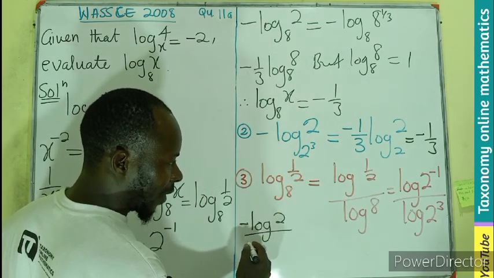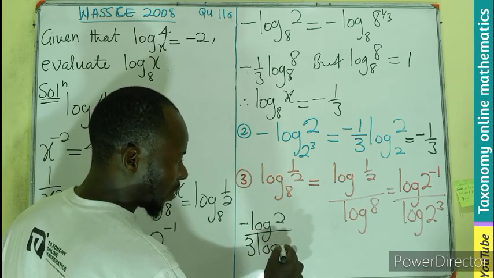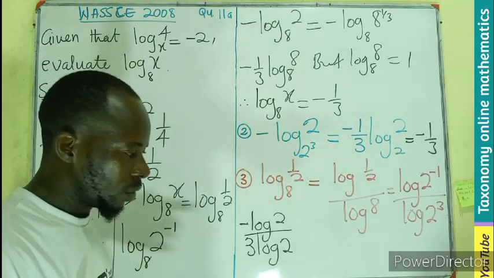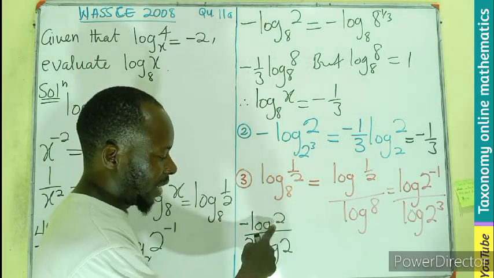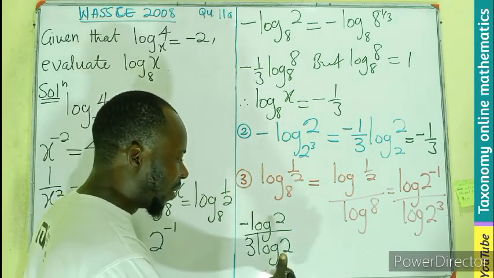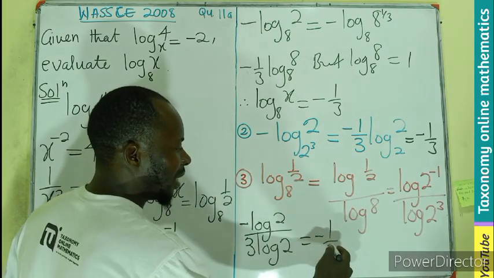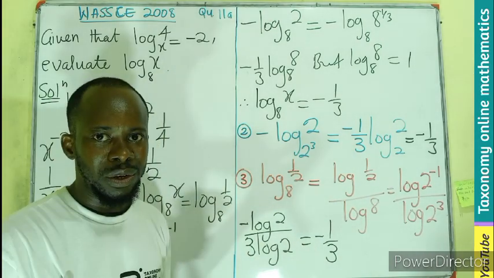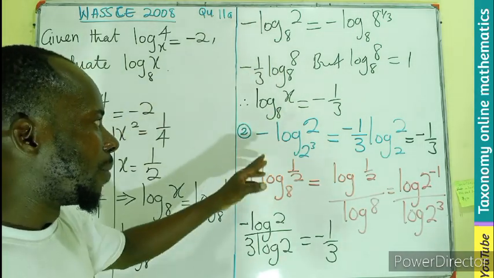We are having 3 multiplying the log of 2. We see clearly log 2 base 10 divided by log 2 base 10. They can cancel themselves, giving rise to only the negative 1 in the numerator, then the 3 in the denominator. So passing through this way, we can get the answer.